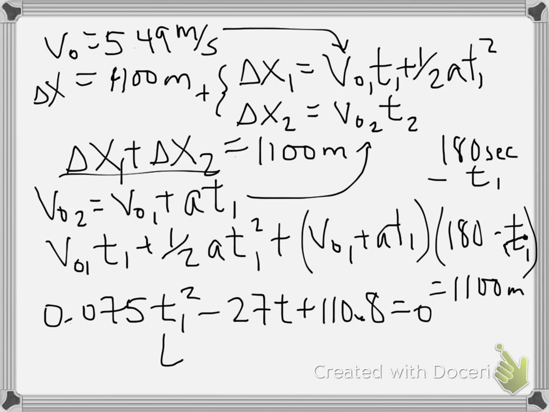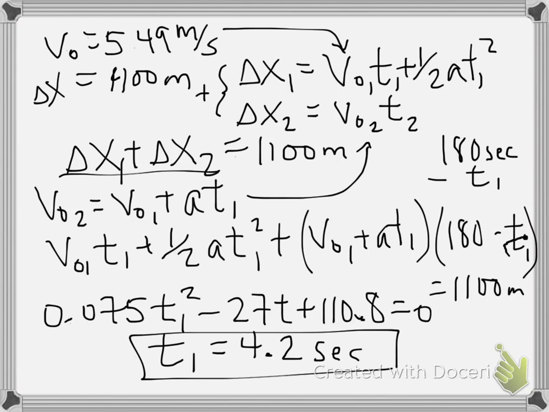When you solve the quadratic, you get t1 is equal to 4.1 something seconds, but it rounds up to 4.2 seconds, which is your answer. I won't give you this on a test.